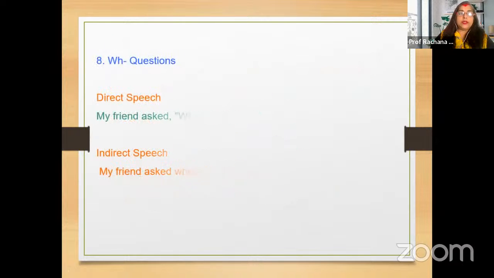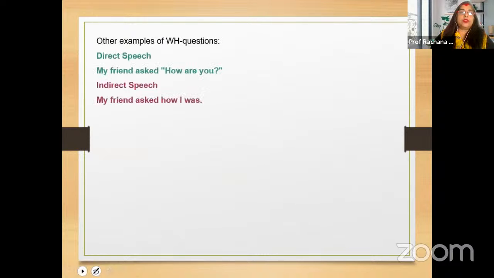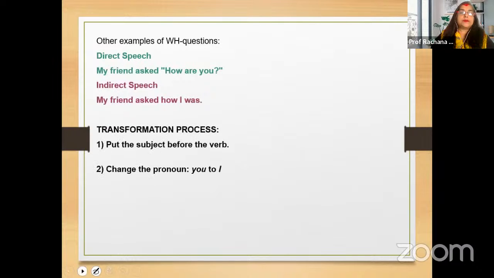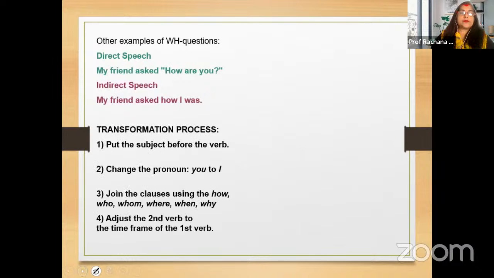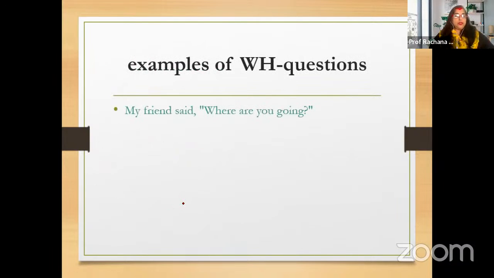Again, there are some more examples of this, WH questions. Other examples, more examples of WH questions. Okay, so I think we did plenty of examples.